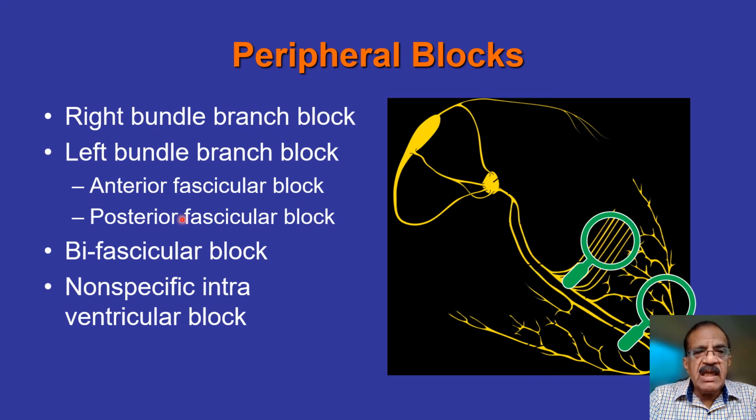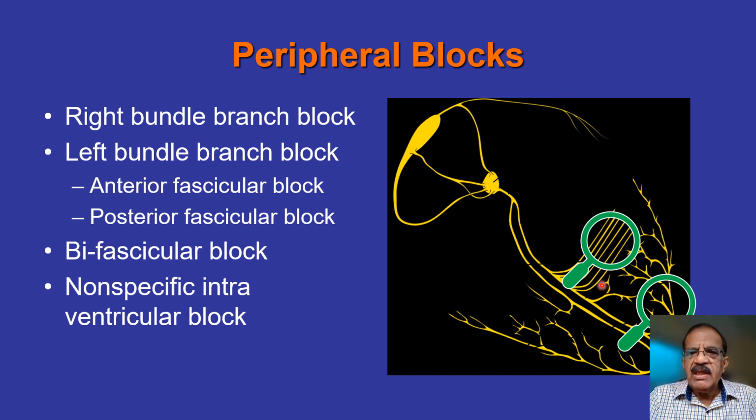This lens shows the anterior fascicle. If this one is blocked, we call it anterior fascicular block, and if this one is blocked, we call it left posterior fascicular block. These are fascicles, that means further branches of the left bundle branch.